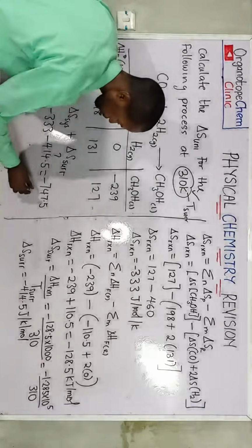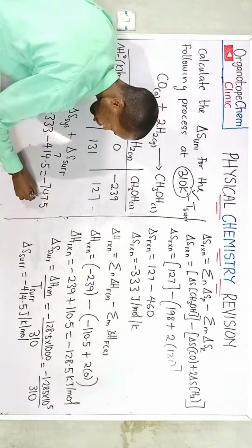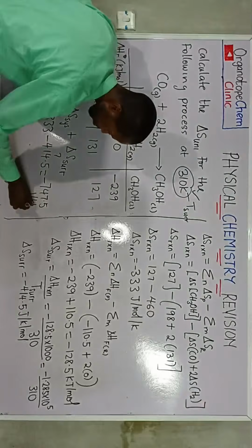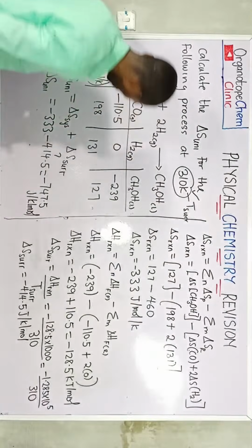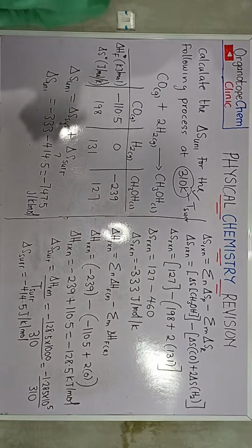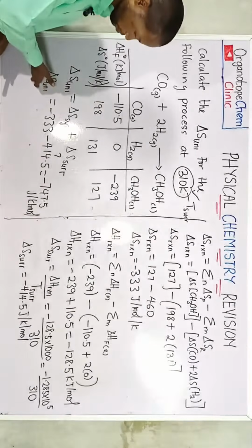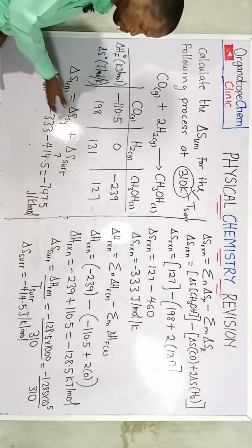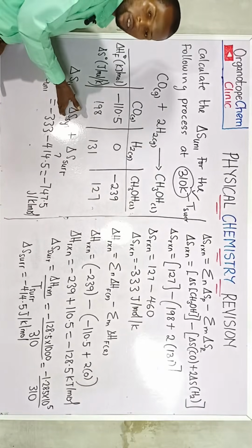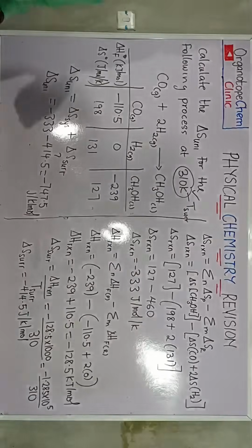What will be the units? The unit is what? Joule per Kelvin per mole. Okay, so we've been able to determine the entropy of the universe by adding the entropy of the system with that of the surrounding.